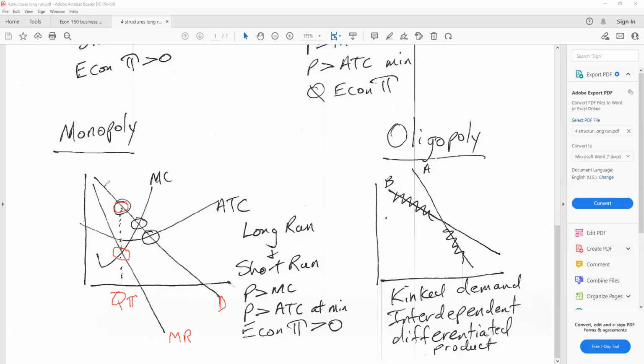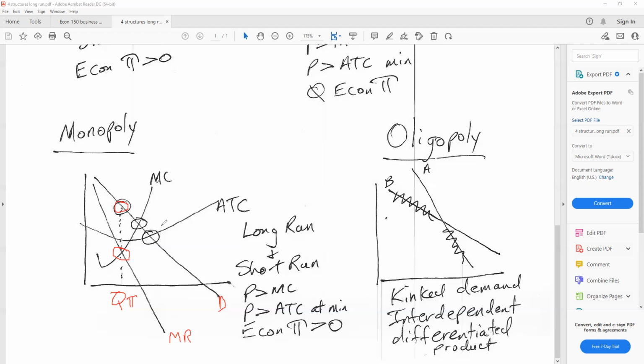If they raise their price, they're only going to be able to do that if they can price discriminate, meaning they can find buyers who are willing to pay that higher price by offering them certain discounts or whatever else, so that they can still move up the demand curve.